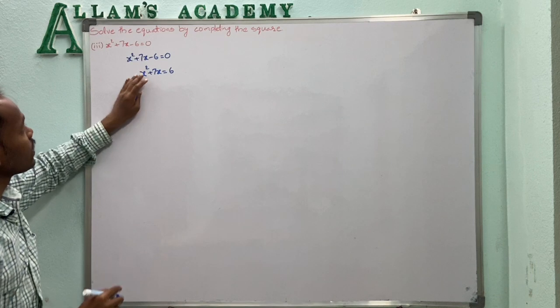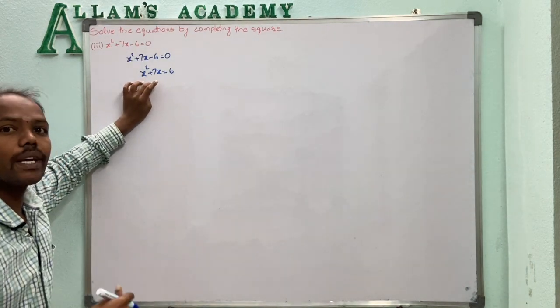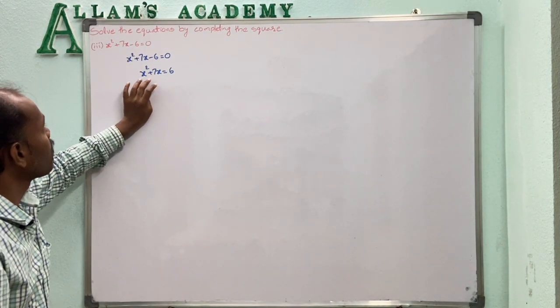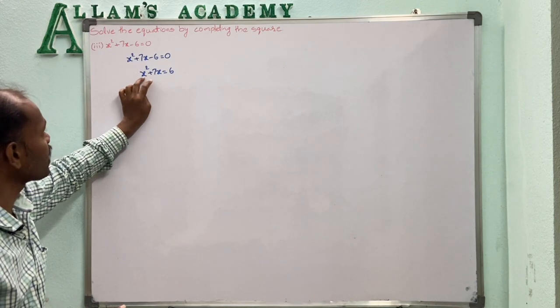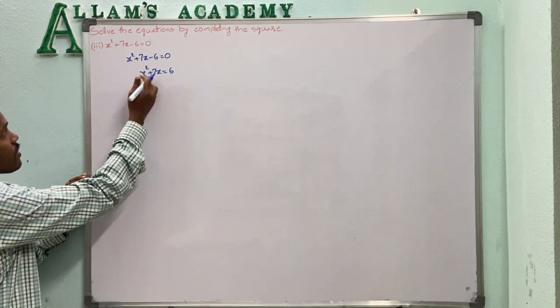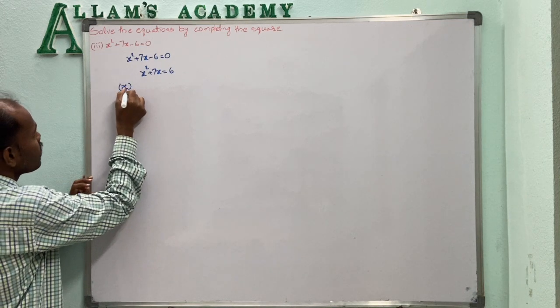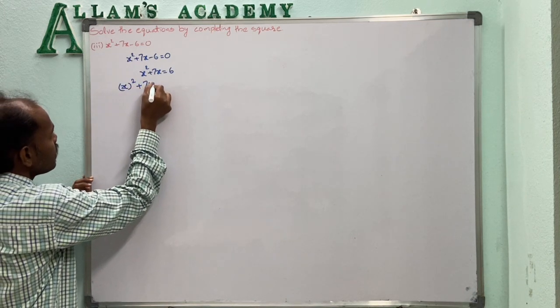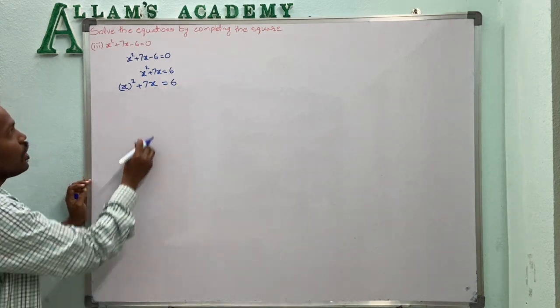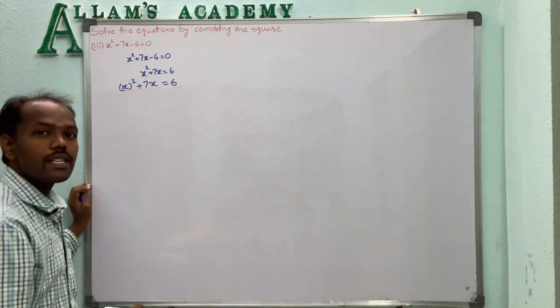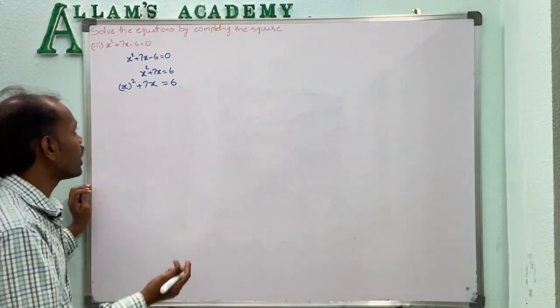Now here this LHS should become a perfect square. For the perfect square, first observing the x square term, we write it as x whole square plus 7x is equal to 6.